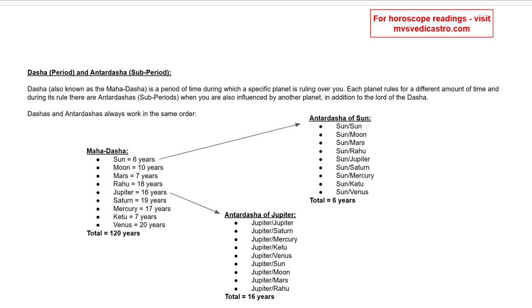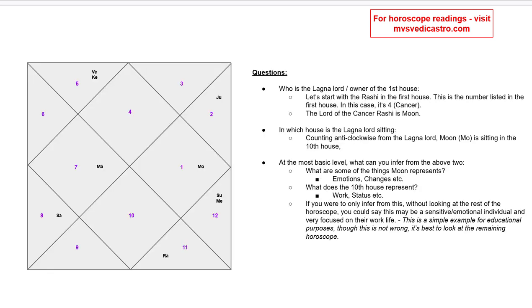So with this information, let's go back to the chart that we were discussing earlier, the example chart where the individual's Lagna Lord is Moon and the Lagna house is represented by the Rashi number 4. Let's add another element to it.